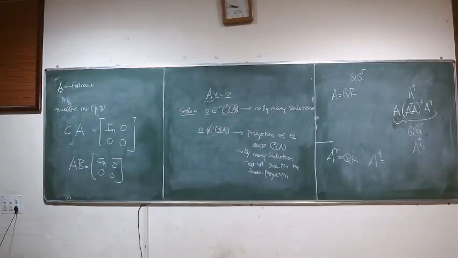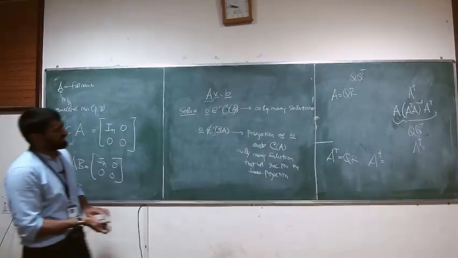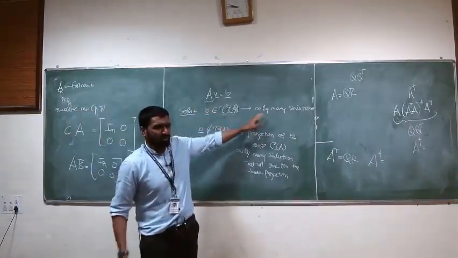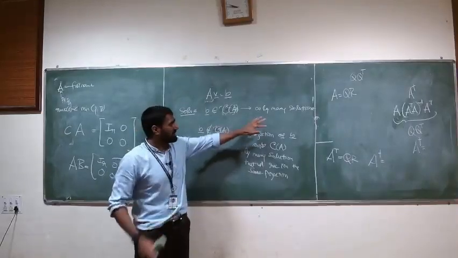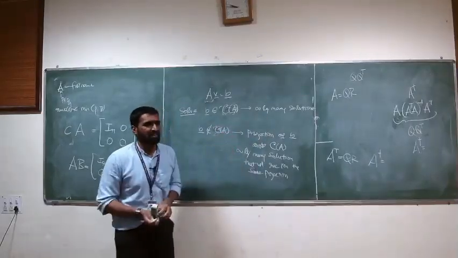When you don't have full rank, you forget about getting a unique solution. There are no unique solutions anymore. If at all the system can be solved, you always have infinitely many solutions.